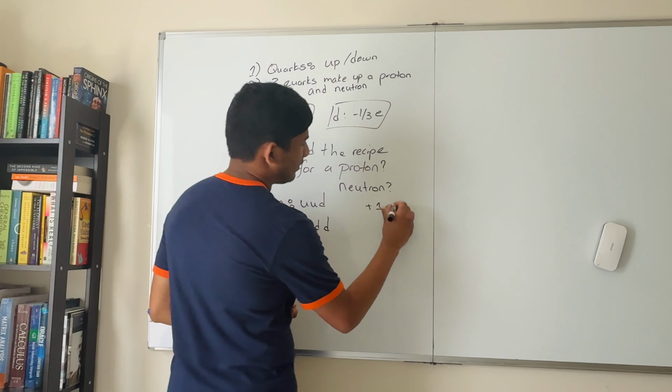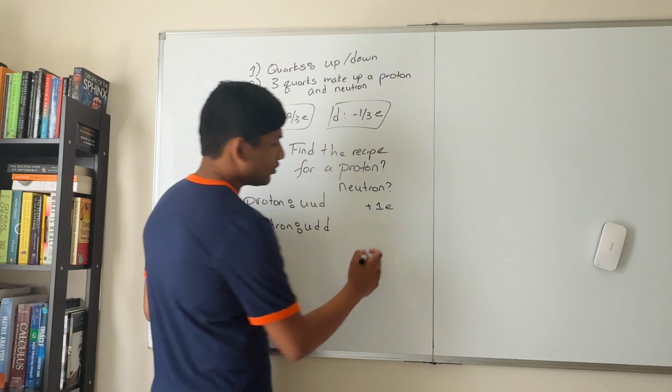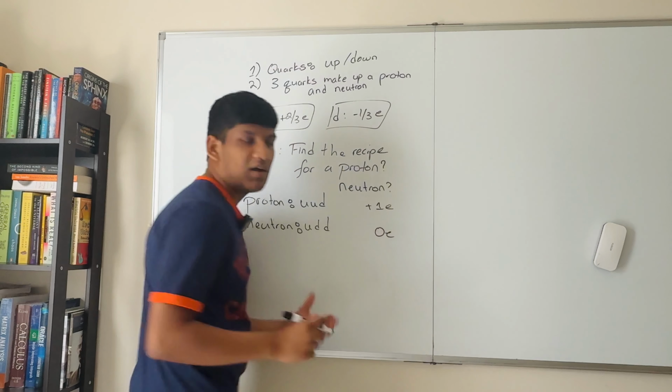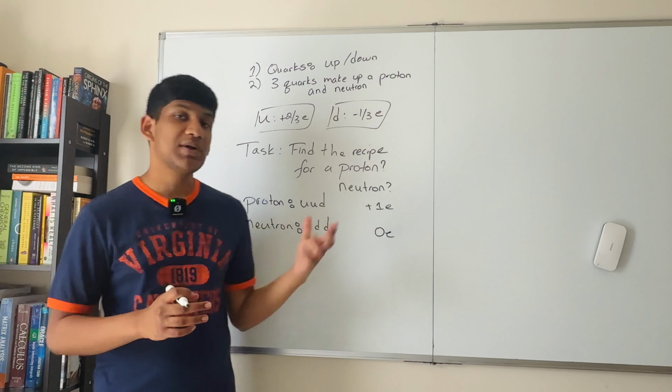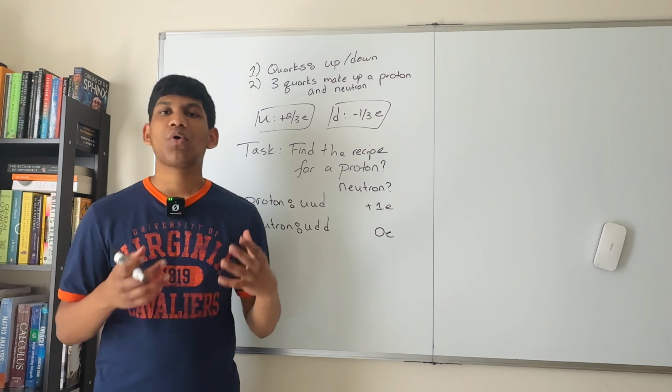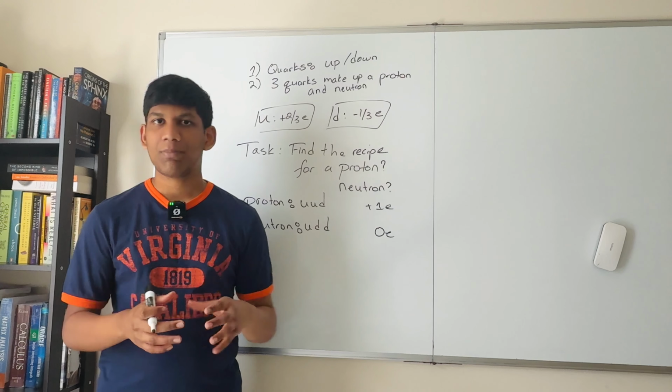For the neutron, we have one up quark and two down quarks. So we have positive 2/3 minus 1/3 minus 1/3, which is just 0. So the charge of the neutron is 0 e, meaning the neutron is neutral. So right now, with these three pieces of information, we found the quark composition for both the proton and neutron.